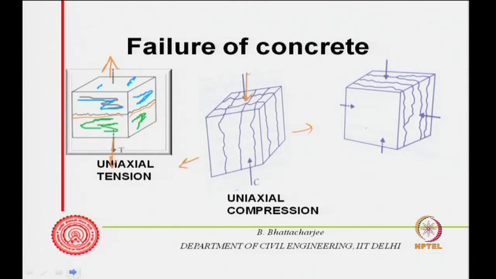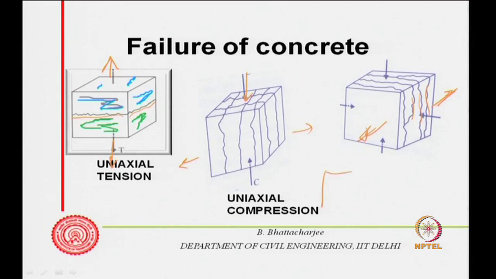Supposing I apply biaxial force, from this side and from this side. When I apply force from this side, the material will try to move away in this direction, and when I push from the other side, the material will try to move in that direction, therefore you will have cracks like this.